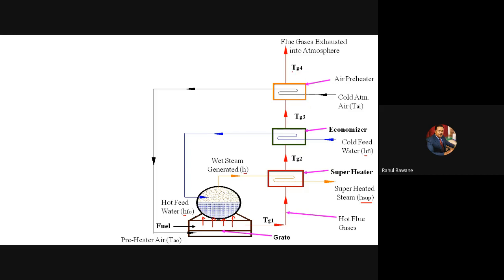These exhaust gases at this temperature actually enter the atmosphere. So thermal emission will be according to this temperature. If we are not using all these accessories, our thermal emission will be according to TG1, which will be more. So we tackle thermal emission as well as recover waste heat by using all these accessories.